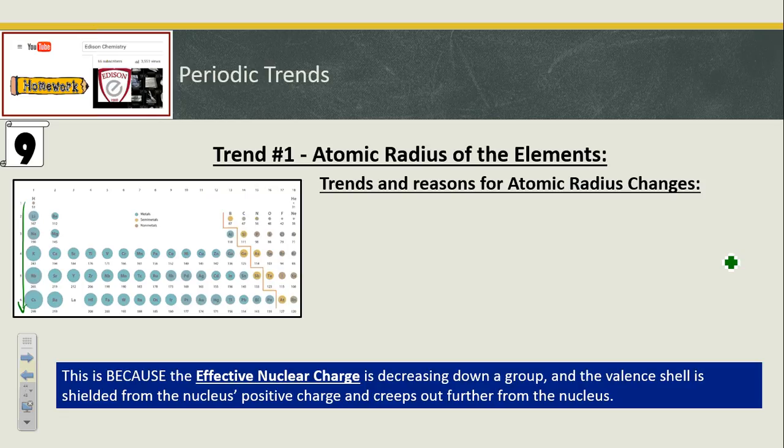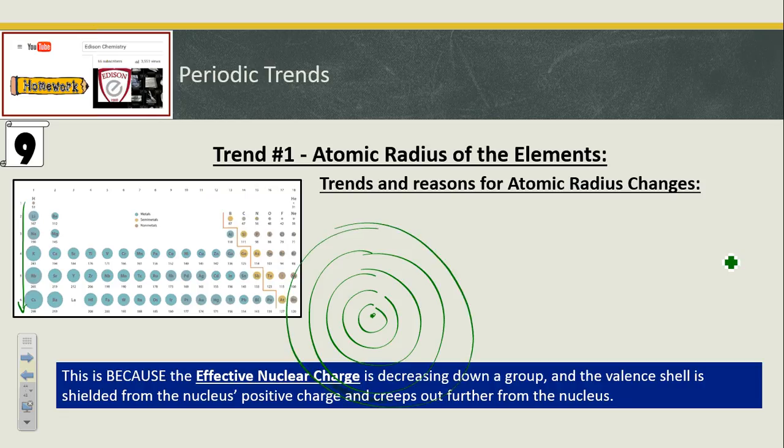So if we still have our nucleus, and down here, if we use cesium as our example, we've got 1, 2, 3, 4, 5, 6 shells of electrons. And if cesium has a +1 effective charge, it's not going to be very strong at pulling on that exterior valence shell of electrons.